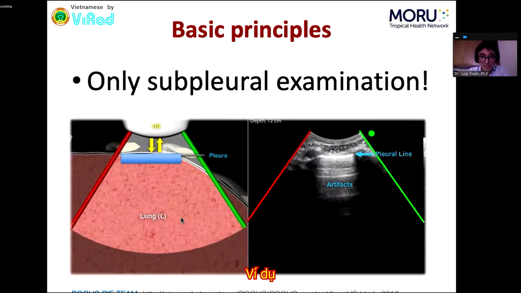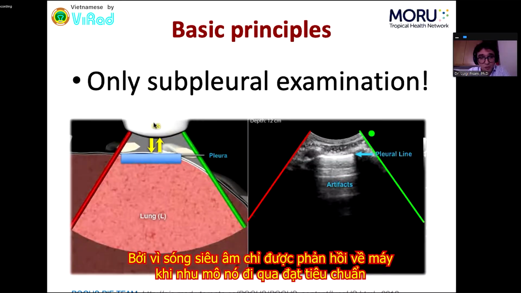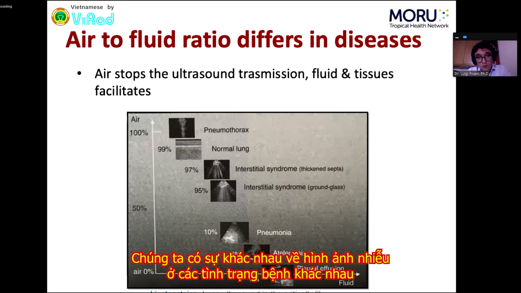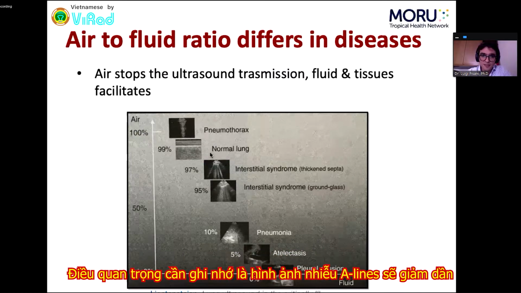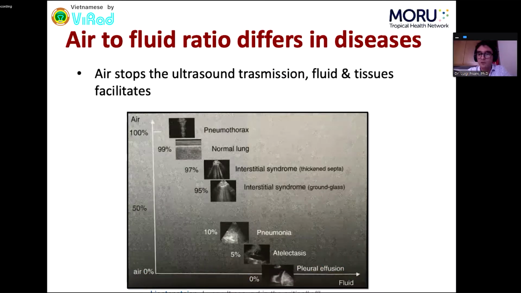So, for example, this point here is not equivalent to this point here, because the ultrasound is reflected back to the machine when the lung is well aerated. We will have different artifacts in different pathological conditions. And it's important to remember that as air decreases, we will have the appearance of other artifacts that we will see briefly.